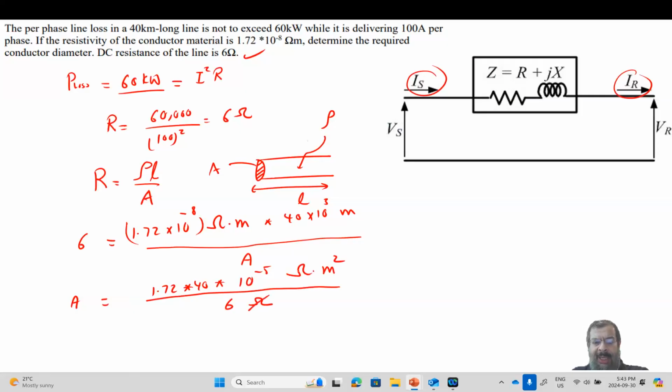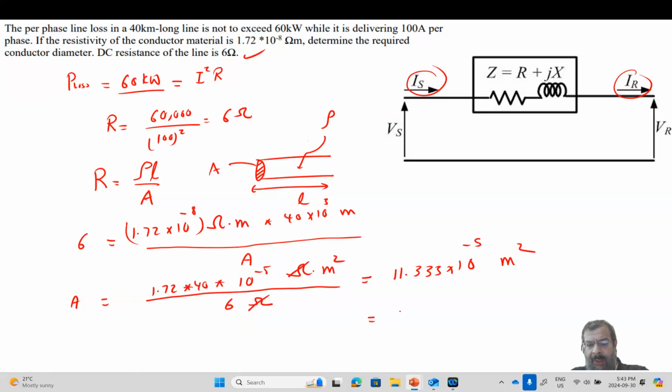So the ohm will cancel, and this will give me a cross-section area equal to 1.333 times 10 to the minus 5 meter square. We can convert that to centimeter square by dividing by 10 to the minus 4 or multiplying by 10 to the power 4.